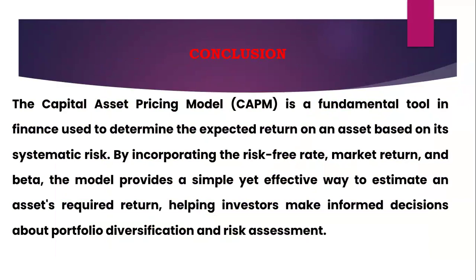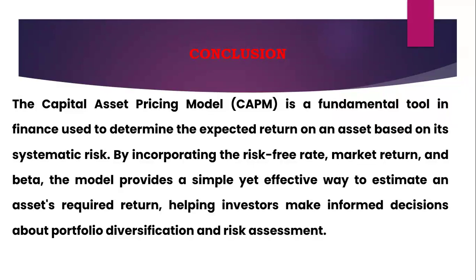Then the conclusion part: the capital asset pricing model is a fundamental tool in finance used to determine the expected rate of return of an asset based on its systematic risk. The systematic risk is nothing but undiversifiable risk, the risk which we can't diversify, such as market risk, inflation risk, and interest rate risk.